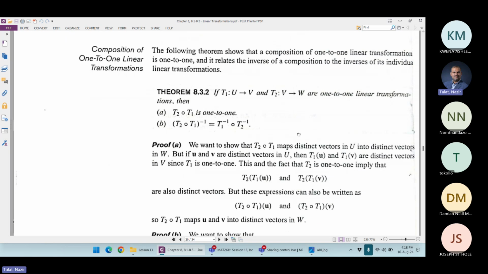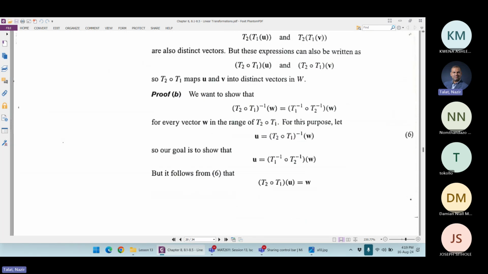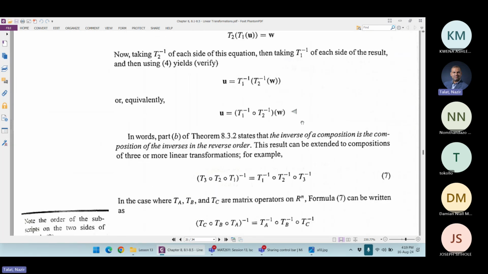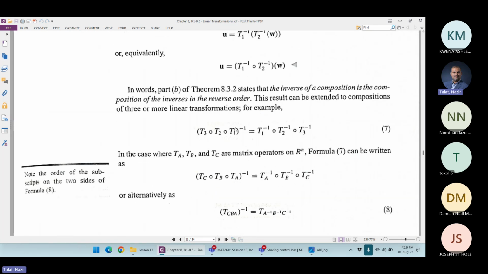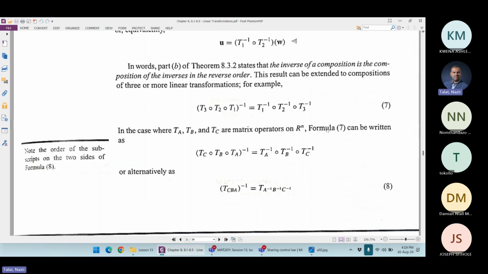This is the same idea as for matrices: recall that (AB) inverse is equal to B inverse A inverse. Here the composition works in the same manner. Similarly, if you have more mappings, (T3 ∘ T2 ∘ T1) inverse is equal to T1 inverse ∘ T2 inverse ∘ T3 inverse.